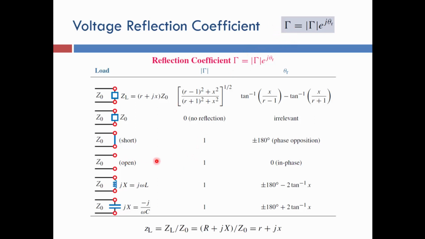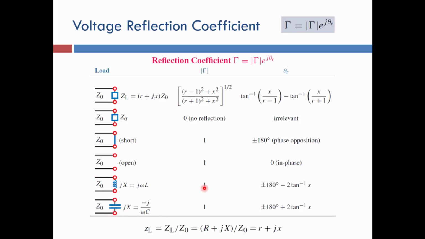But in case of an open circuit, if the transmission line is terminated by the open circuit, the voltage will be reflected in phase with the traveled one. This is the most important. And we also have other special cases, like when the transmission line is terminated by an inductance or by a capacitance.